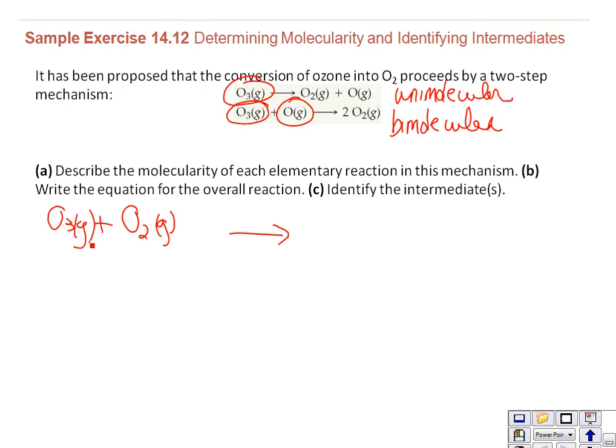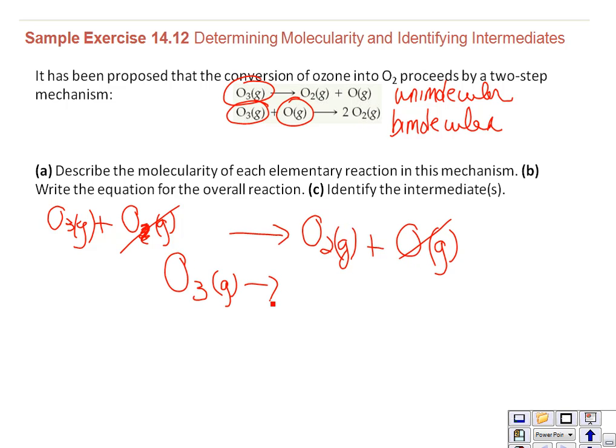And on the product side, we have O2 gas plus O. Oops, this shouldn't be O2, this should be O3, and this should be just O. And we have O2 gas, and we have O gas over here. Intermediates are things that are present on both sides. Well, this is present on both sides, so this is an intermediate. So the actual overall reaction for this is O3 gas yields O2 gas.